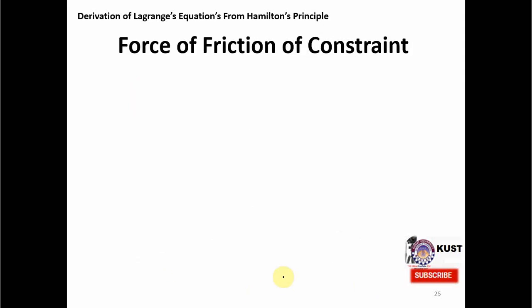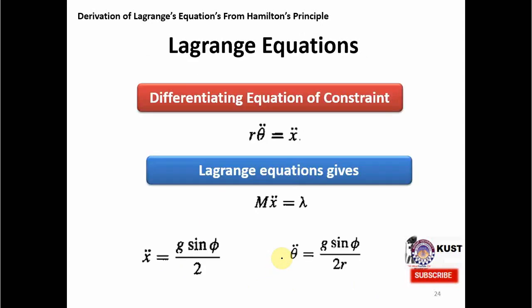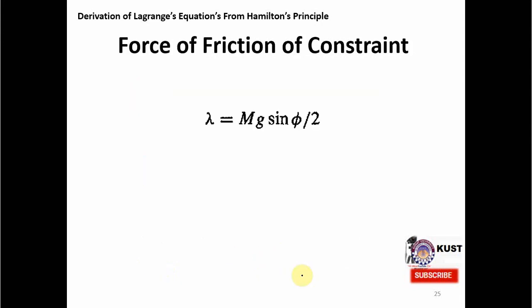So now we know what x double dot and theta double dot, the acceleration terms, mean for these two generalized coordinates, but what does the Lagrange multiplier mean? This is actually the force of friction coming from the constraint.